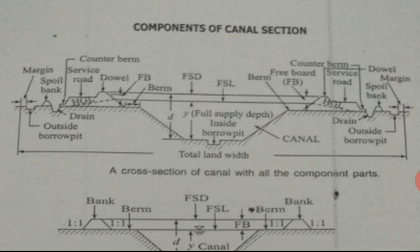components like the berms, freeboard FB, counter berm is given, side slope is given, borrow pit is shown, spoil banks, land width, dowel or dowla, service road is shown, and the balancing section.